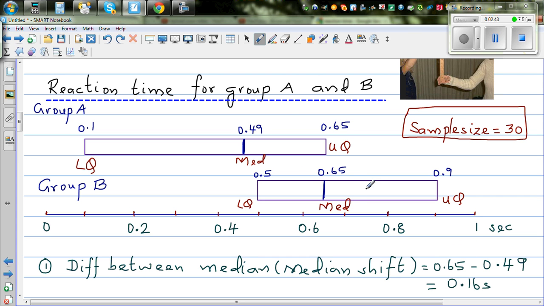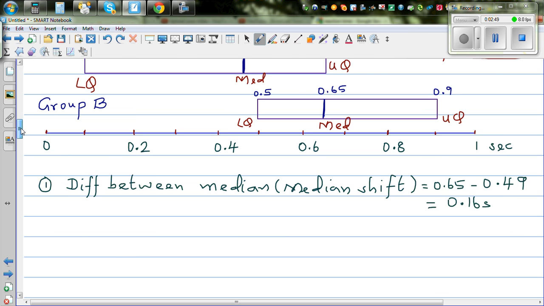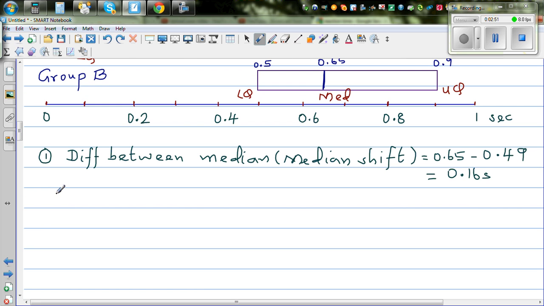Okay. So now the big question is whether this difference is big enough to make the call or make the statement that group B has a larger or greater reaction time. So now the question is, does group B have greater reaction time than group A? This is the big question that we need to answer.